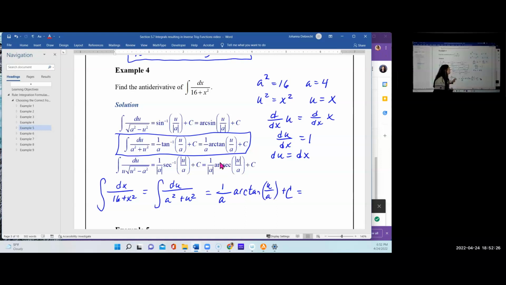Now I can use the pieces of the formula that I used for substitution, and I can replace a with 4, giving me 1/4 the arctangent of u, which is x, over 4, plus the constant of integration.